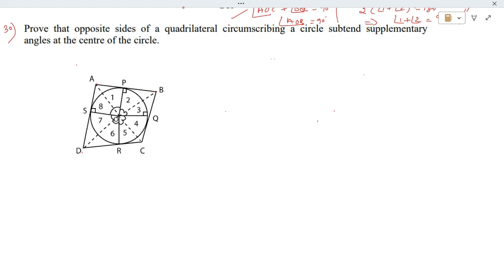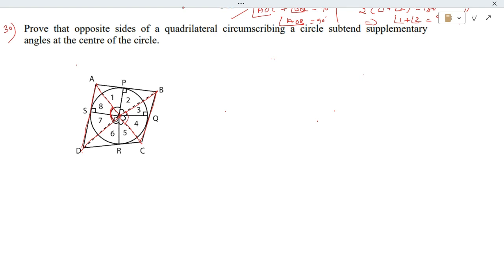Taking the opposite sides AD and BC, AD makes angle AOD and BC makes angle BOC at the center. These two angles should add up to 180 degrees. That's what my proof should be.